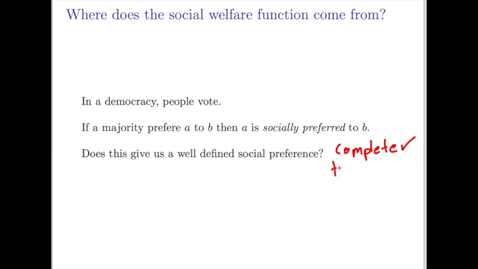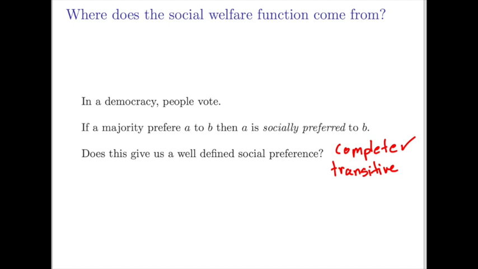But it also has to be transitive. Remember, transitivity says if A is at least as good as B and B is at least as good as C, then it better be that A is at least as good as C. Or stated another way, if A beats B and B beats C, A better beat C as well.